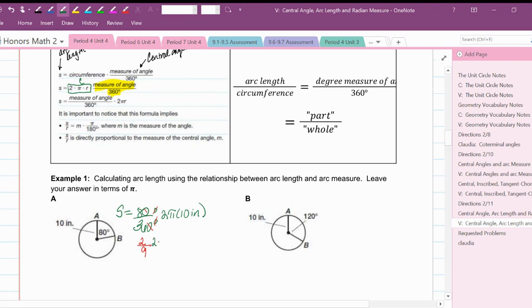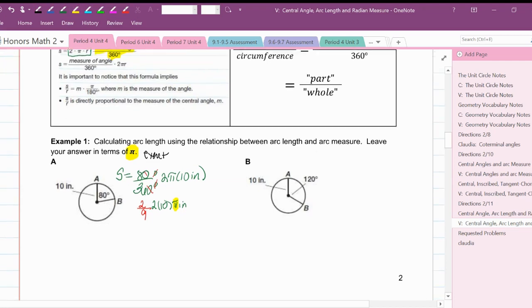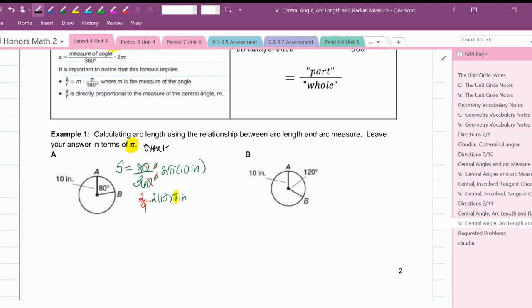And then I still have a 2 and a 10 and a pi and an inch. We are getting the exact arc length, which means we're going to leave the pi in our answer. So we're not going to use it as part of our calculation. We're just going to tack it on the end. 2 times 2 is 4 times 10 is 40/9 of pi inches.